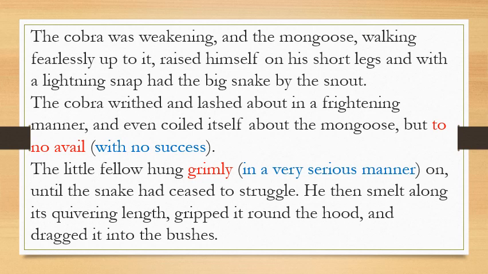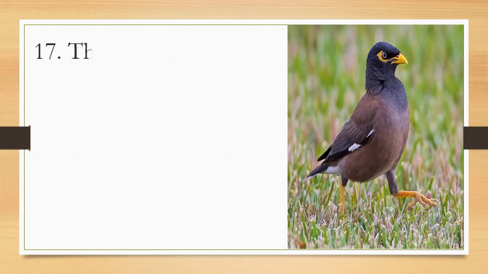It means the mongoose caught the cobra from its hood and dragged it, pushed into the bushes. Or in simple way we can say that when it had ceased to struggle, means the snake was struggling to fight with the mongoose, the mongoose gripped it round the hood and dragged it into the bushes. Now let us move to last paragraph.